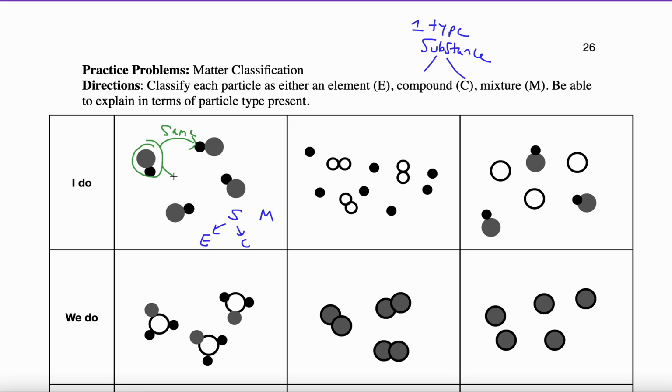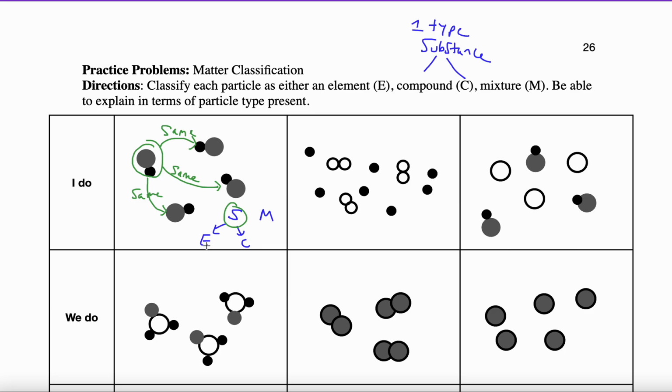Then I compare the one I circled to the next particle, and I see the same composition and structure, big gray linked to a small black one. So they are the same. And then I compare it to the last one, and I notice big gray, small black, so they are also the same. So because all four particles are the same type, I'm going to classify it as a substance.